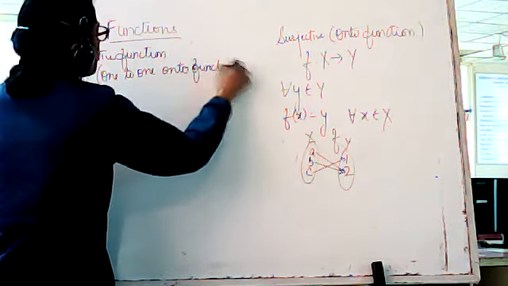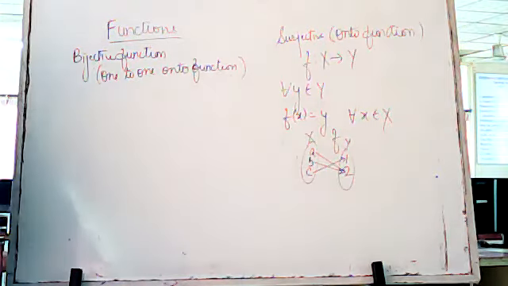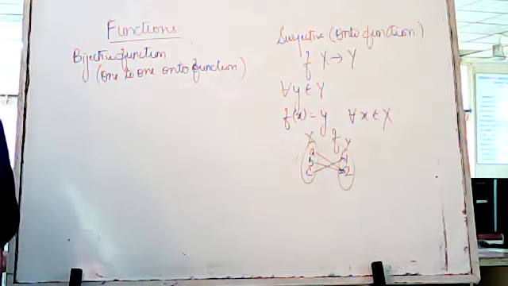A function which satisfies both one-one and onto conditions, a function which is both injective and surjective, is called a one-one onto function.